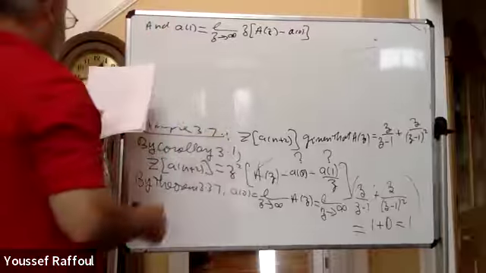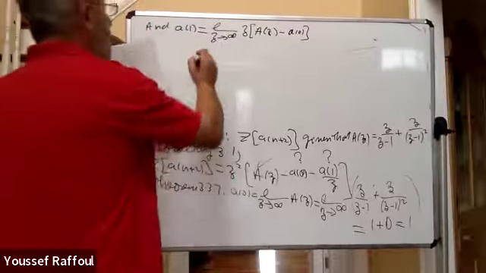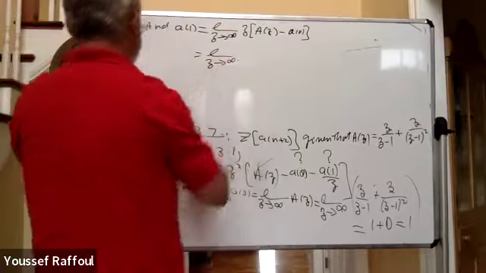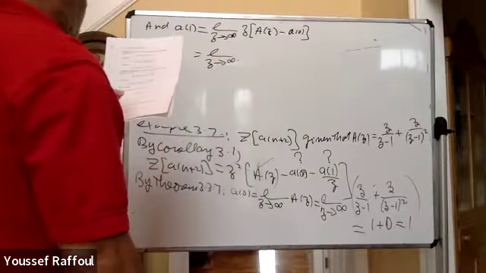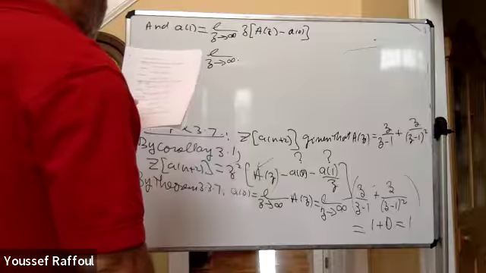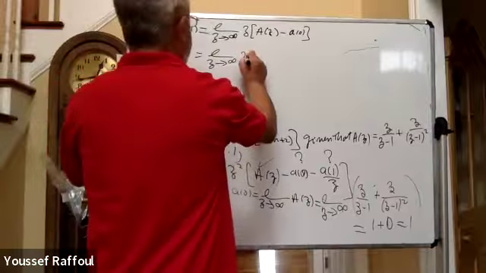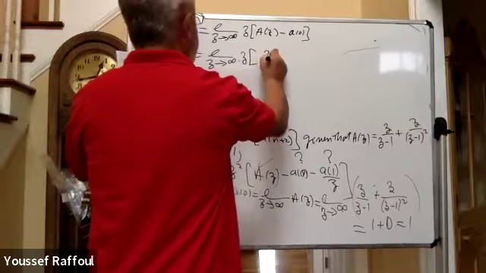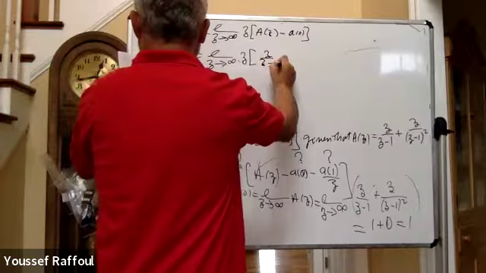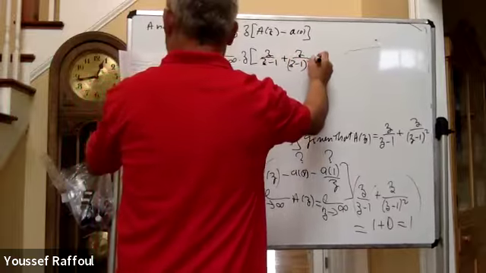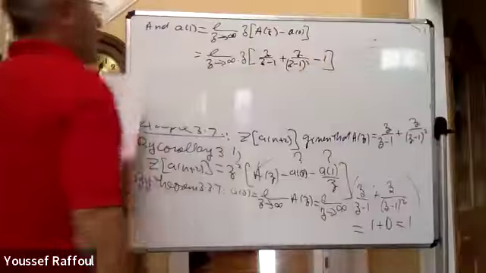This is a_1. And that is the limit as z approaches infinity of z times (z over (z minus 1) plus z over (z minus 1) squared minus 1).